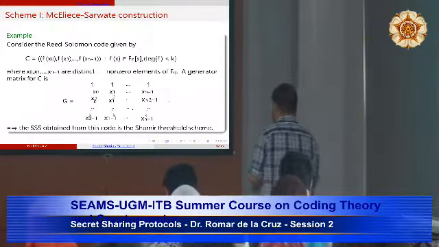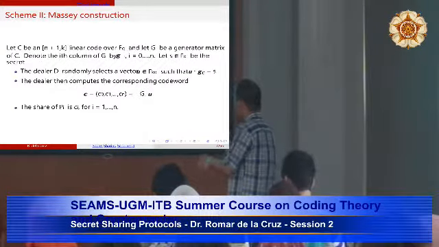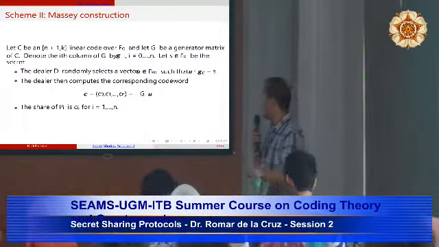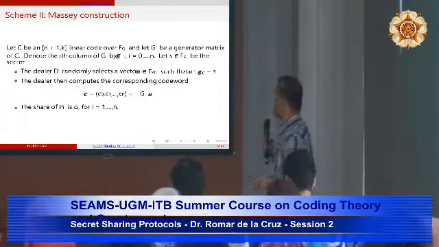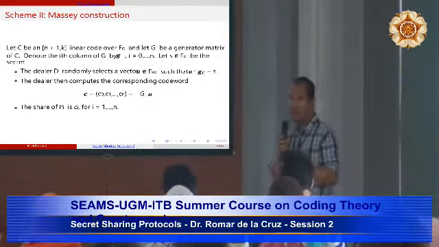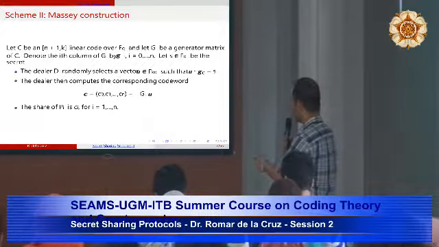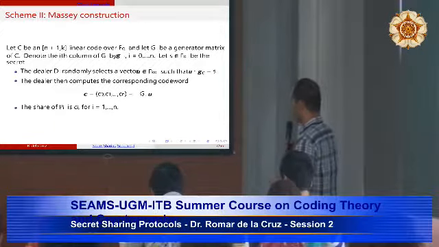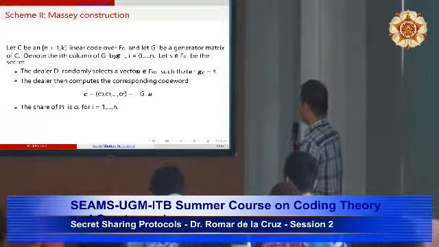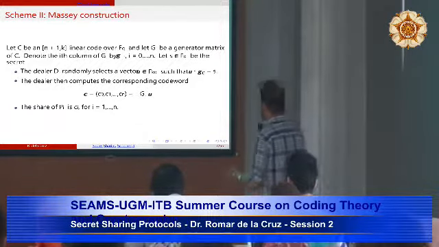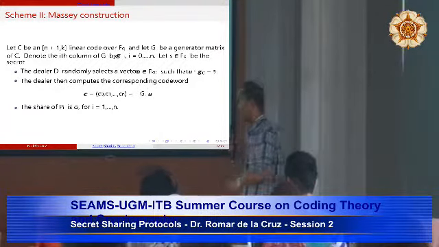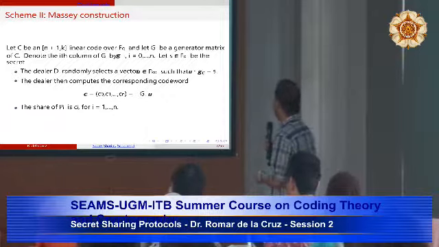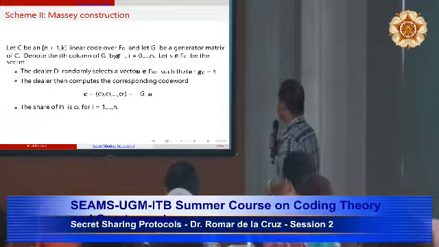Now, the second construction, this one I will focus on. It's given by Massey. It's a little bit different, but it's still a simple construction. This time we take an (n+1,k) linear code over F_q, so the length is n+1. And then we take again a generator matrix.